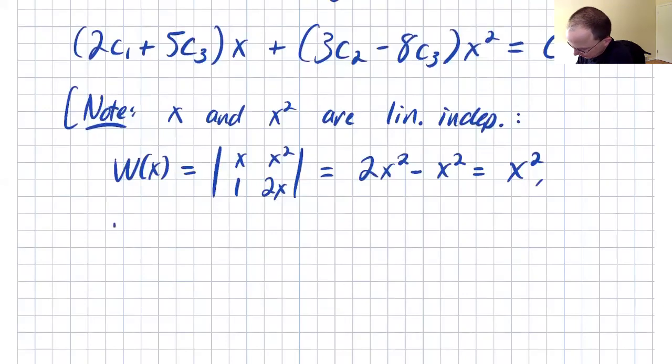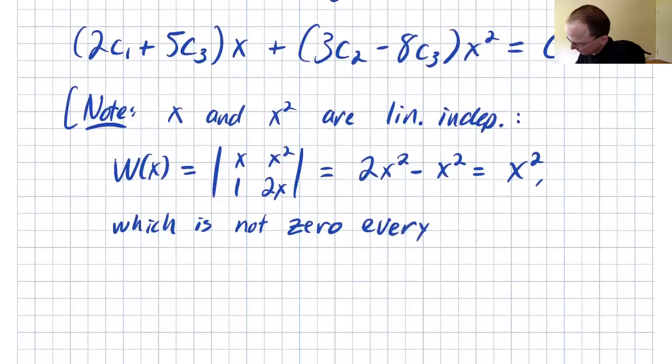And since this is not zero everywhere, right? It is 0 when x is 0, but it's not 0 everywhere. And if these functions are linearly dependent, then the Wronskian has to be 0 everywhere. So this shows that these two functions are linearly independent.